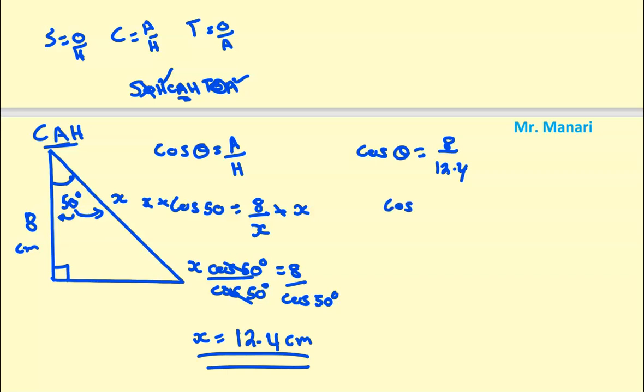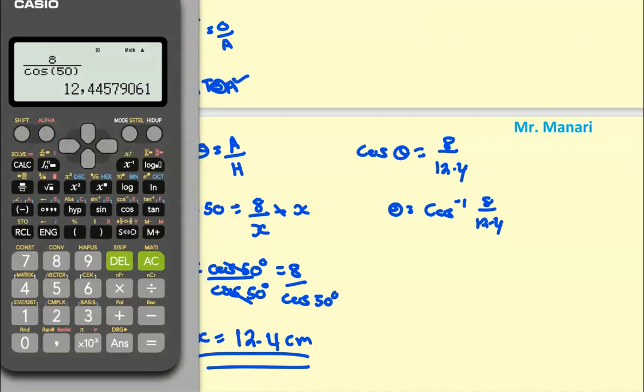If we do it here with our answer 12.4, 8 divided by the answer, and then the cos inverse of that, it gives me perfectly 50 degrees.